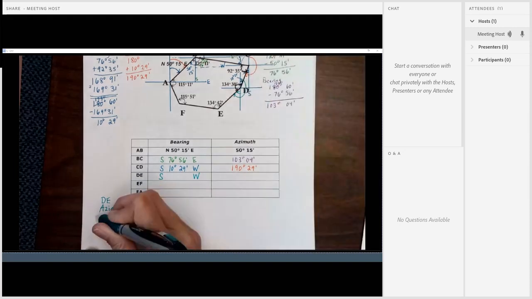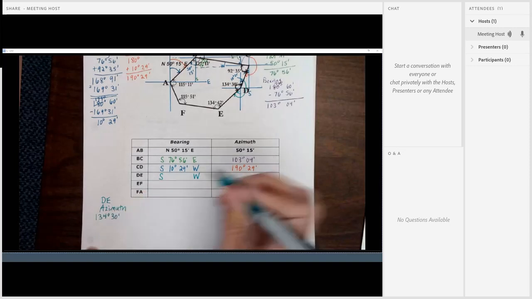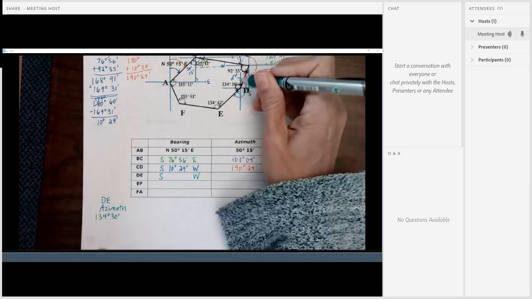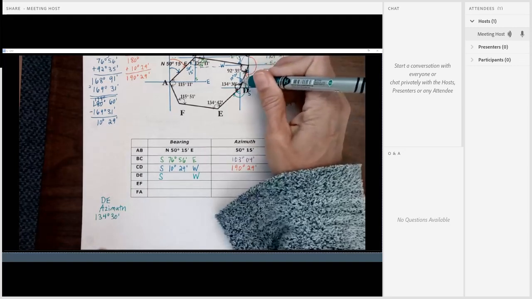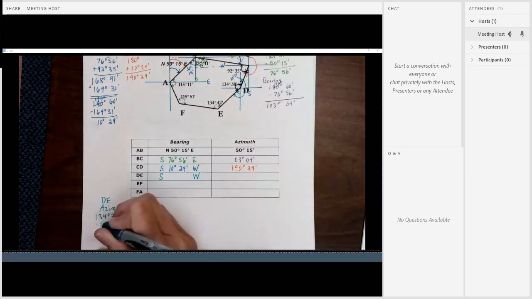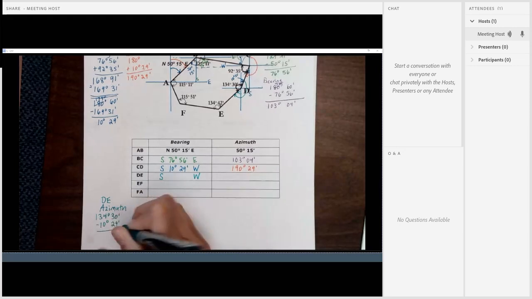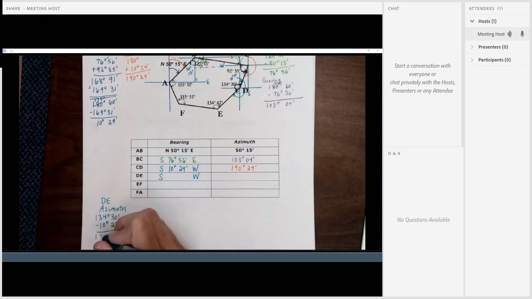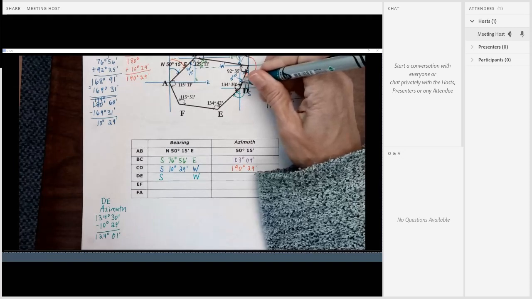So I'll take that 134 degrees, 30 minutes, and subtract off that little piece there that has that same value from before, that alternate interior angle of 10 degrees, 29 minutes. So this becomes 124 degrees and 1 minute. Right, so that's that whole angle here without that little piece.